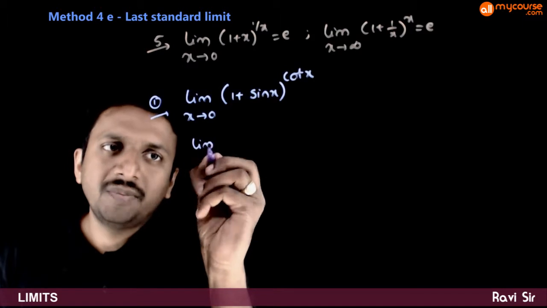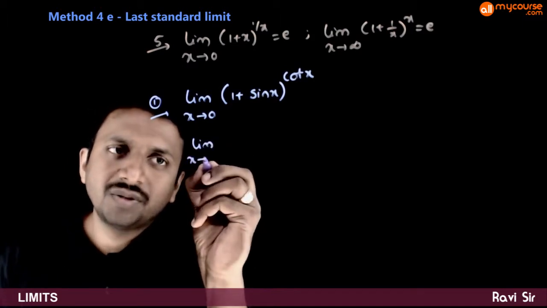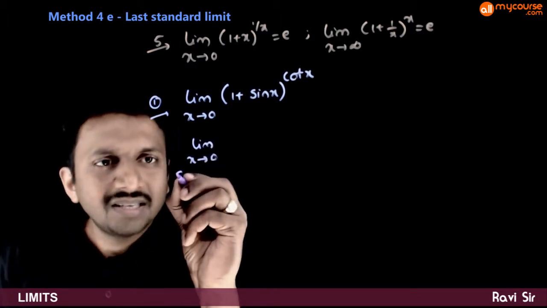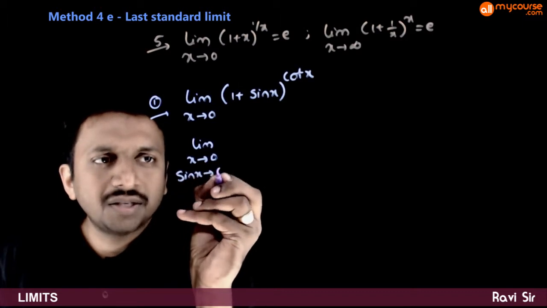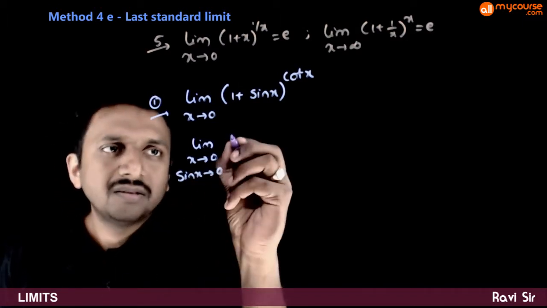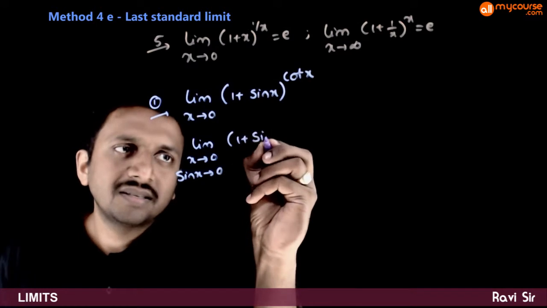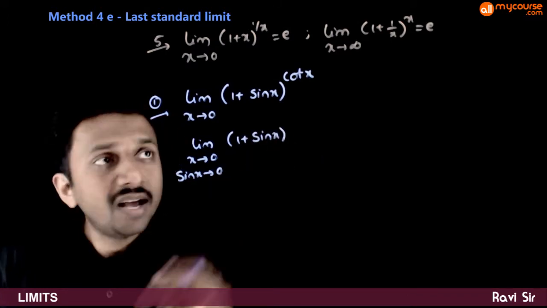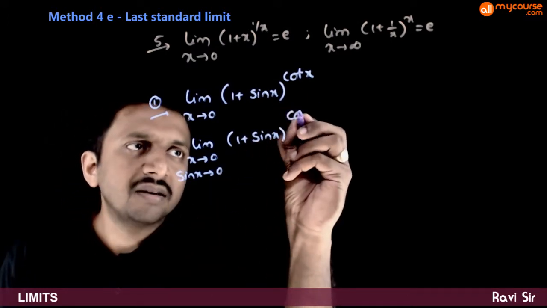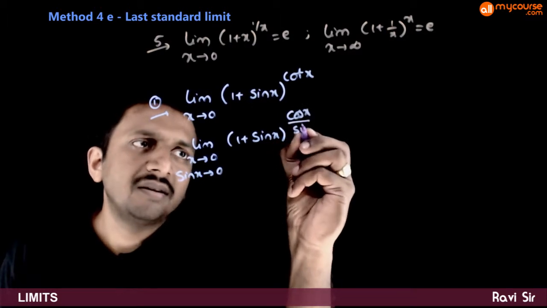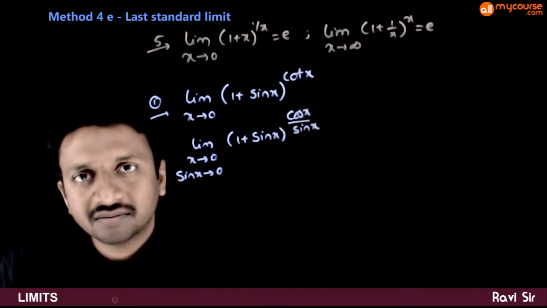So what we do is, limit as x tends to 0, you can see that sin x also tends to 0. So you have 1 plus sin x, and cot x can be written as cos x by sin x.